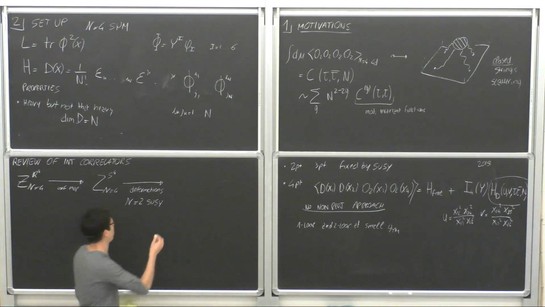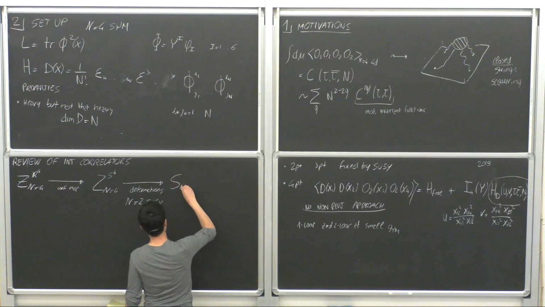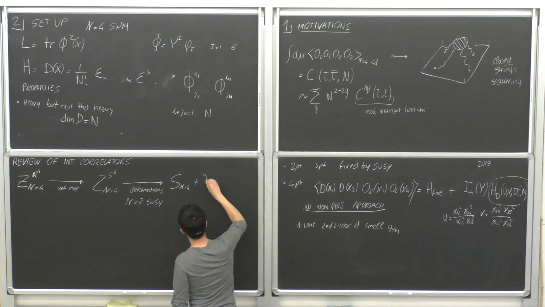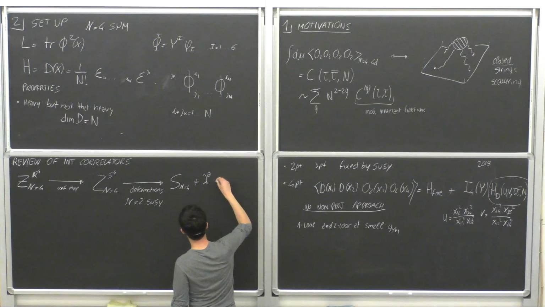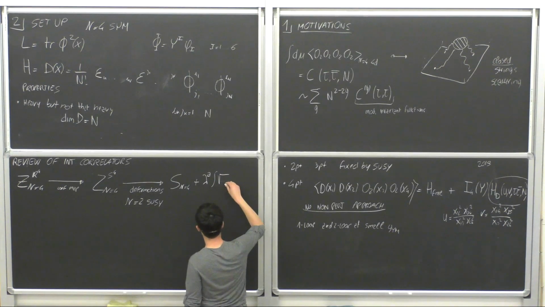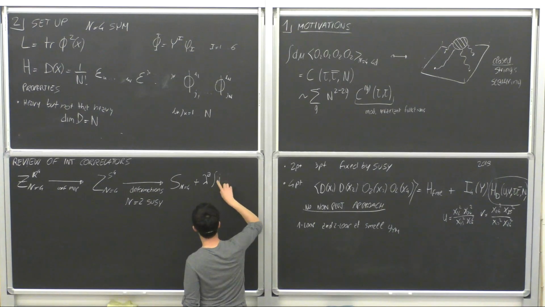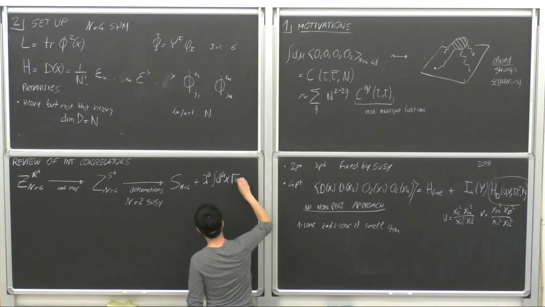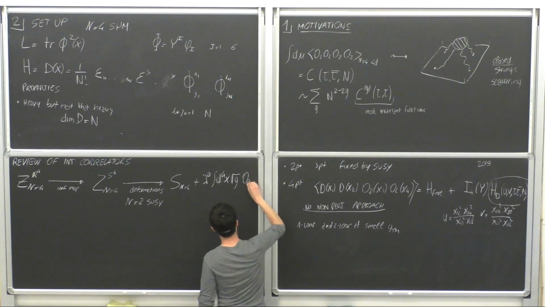In particular, starting from the N=4 action, we deform the action in the following way. We include some deformation parameters, which I call here lambda_a, which are associated to some integrated insertions on the sphere.